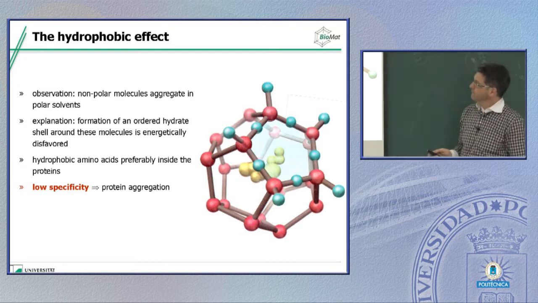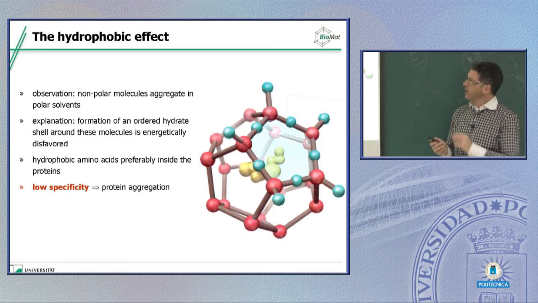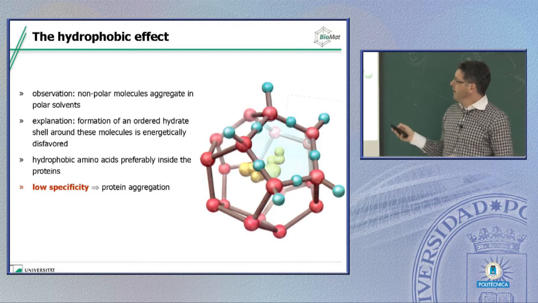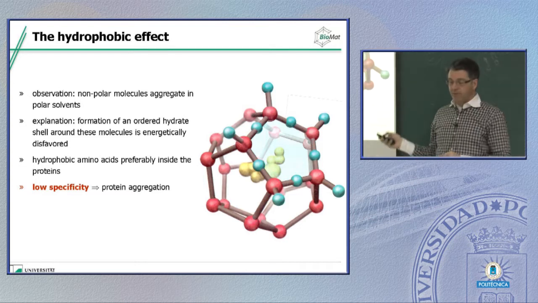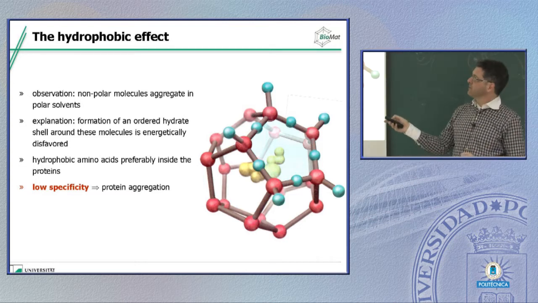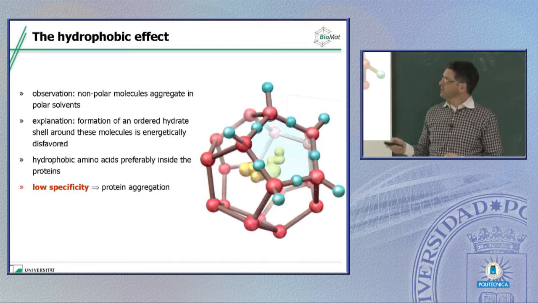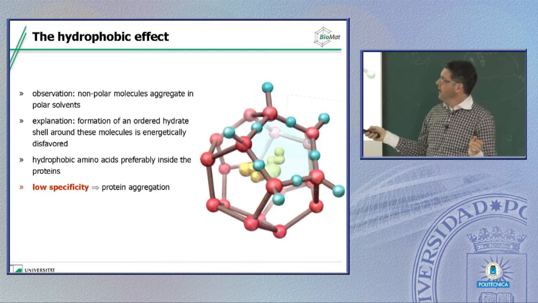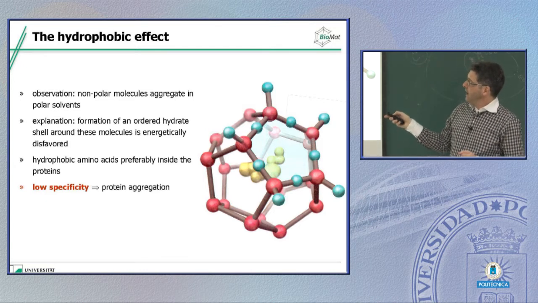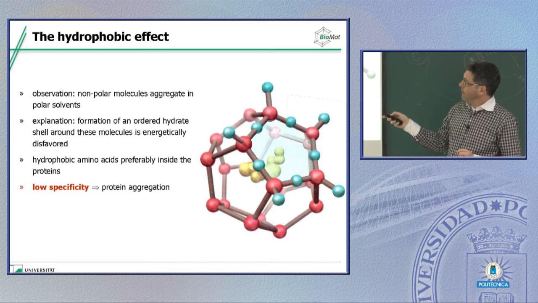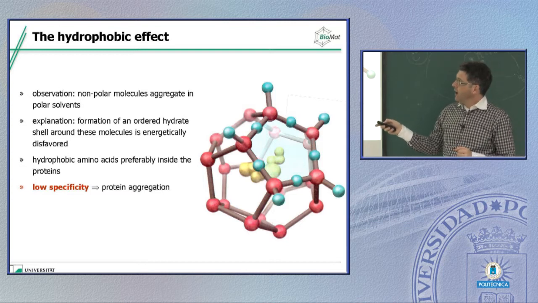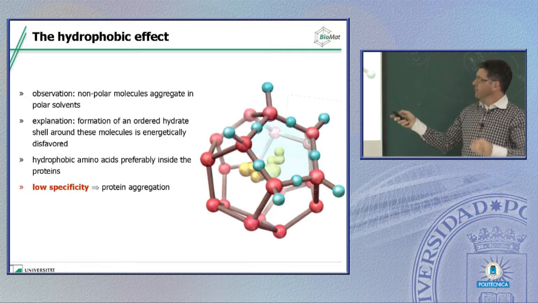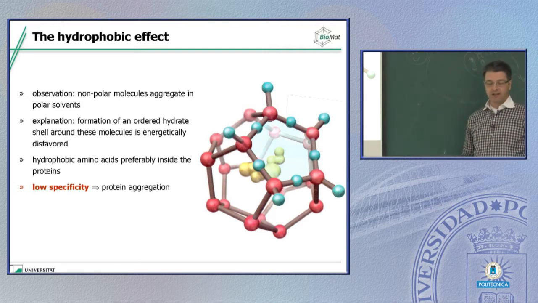So the final non-covalent interaction is the so-called hydrophobic effect. What is actually the basis of this effect? It's a simple observation. Non-polar molecules aggregate if you put them in polar solvents. So that's simple chemistry. And the explanation for that is that around such a molecule, the formation of an ordered shell, especially a hydrate shell, is energetically disfavored.